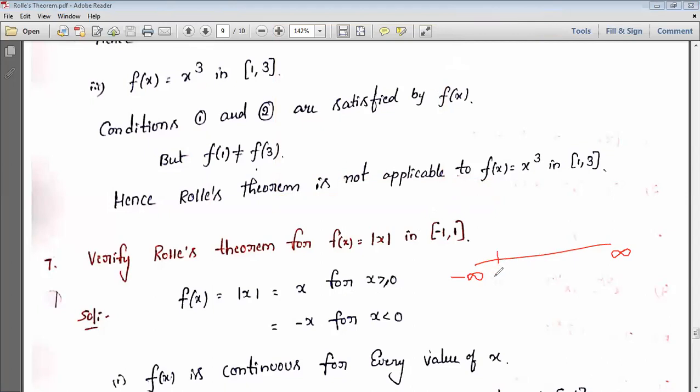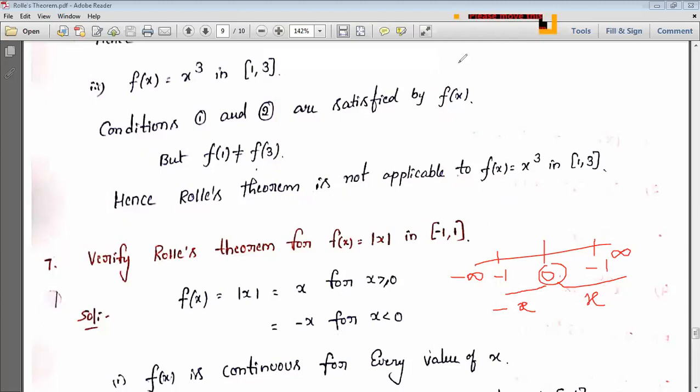But here the interval given is minus 1 to plus 1, and at the point 0, this side, x less than 0, is minus x, and this side is plus x. At 0, this function splits into two subintervals, x as well as minus x.